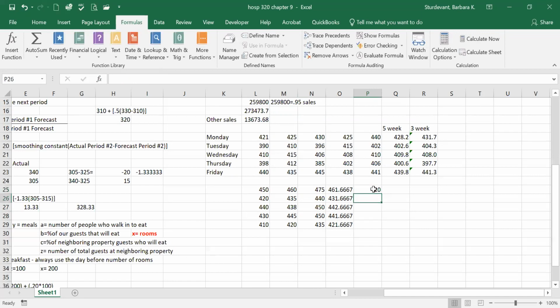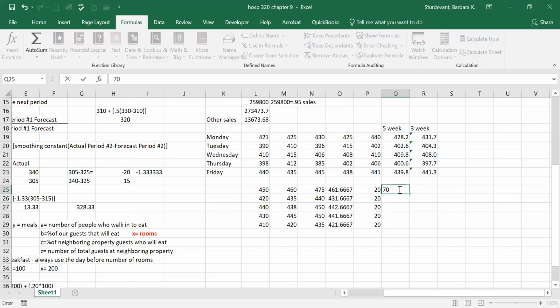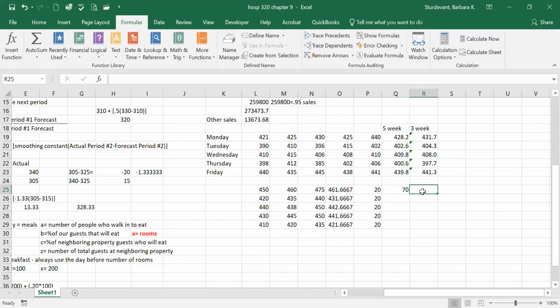We're going to add 20 to every day. And then it also tells us that Monday is supposed to be a rainy day. So if it's a rainy day, we also have to add $70 because more people are going to eat in.